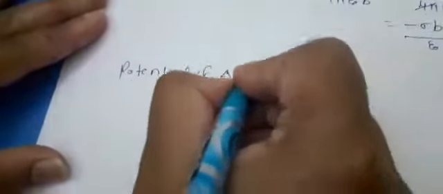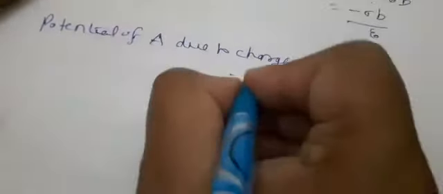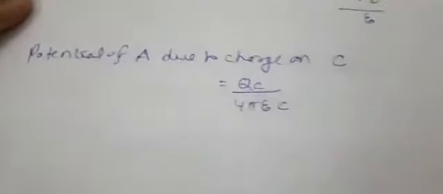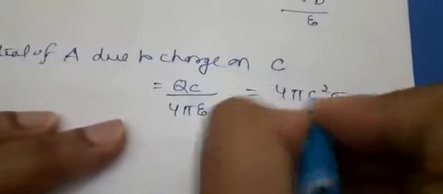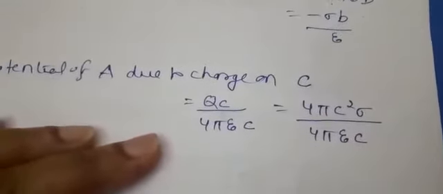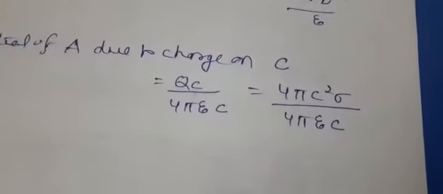Now potential of A due to charge on C will be QC upon 4 pi epsilon naught C. So QC is 4 pi C square into sigma upon 4 pi epsilon naught C. Again, the charge on shell C is due to plus Q surface charge density.